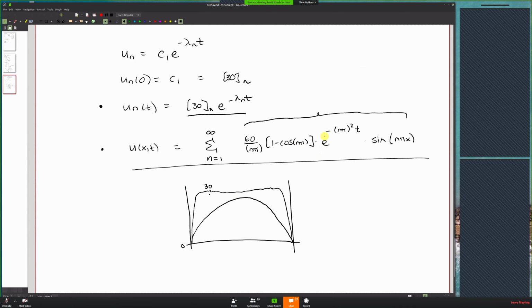But look what happens as soon as t leaves 0, then this term is no longer 1. All right? And if t is constant, even if the t here is small, then what I have in terms of my series in n is e to the minus n squared, which is very rapidly decaying in n.